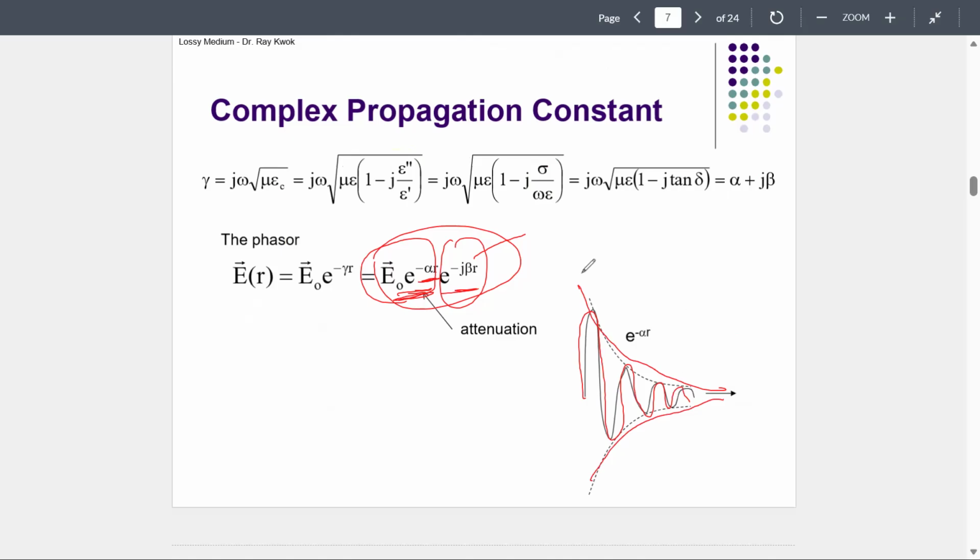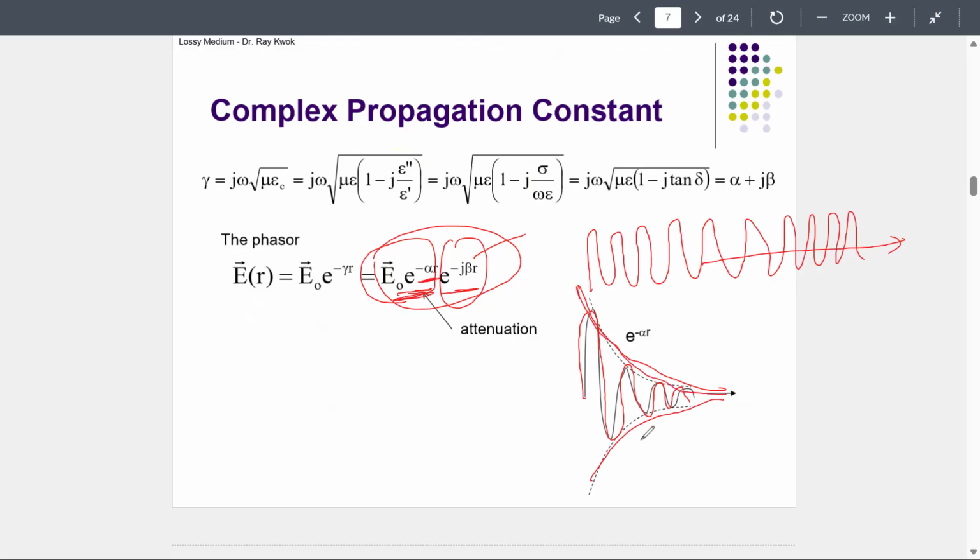For ideal oscillation, the electric field amplitude would stay the same, no matter how far I propagate in the material. But if the material is lossy, then the amplitude will decay exponentially fast.